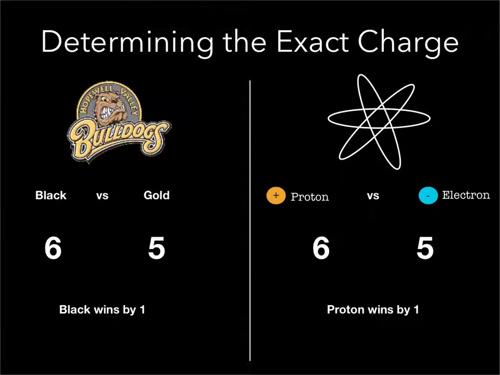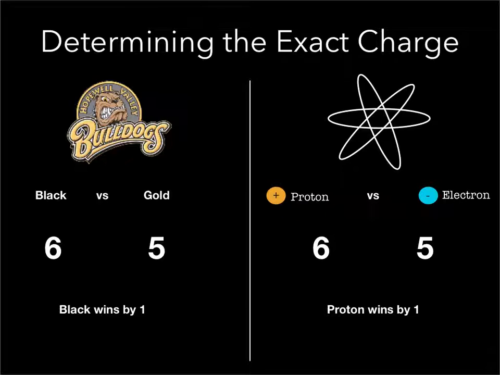Now let's use that analogy and talk about an atom. Pretend you're counting the number of protons in an atom and you're counting the number of electrons in the atom and you find that there are 6 protons there. And then for the electron team, there are 5 electrons. So you can assume and say that the protons are winning by 1.